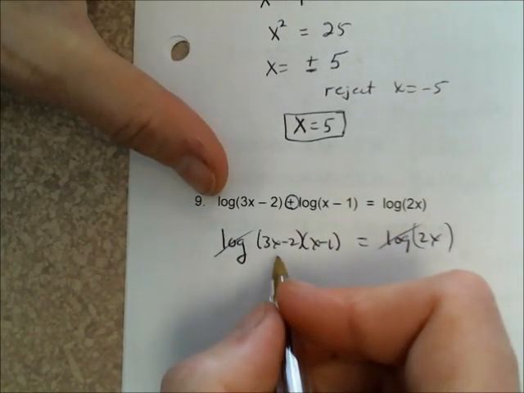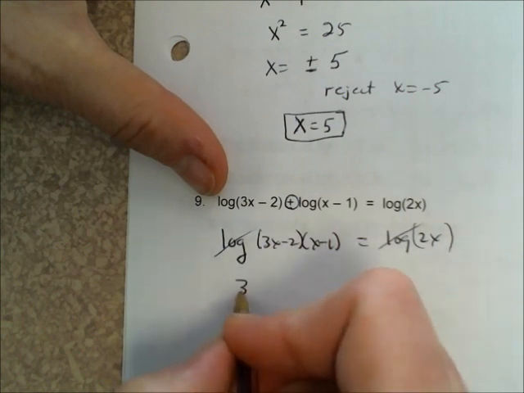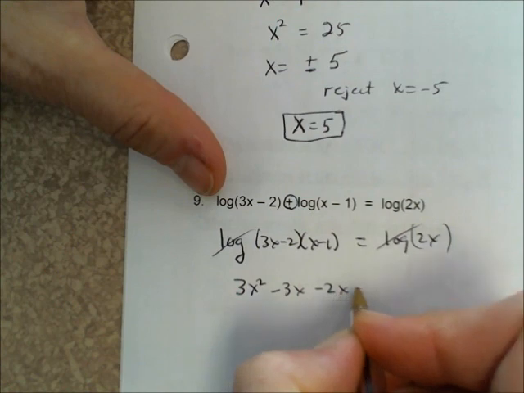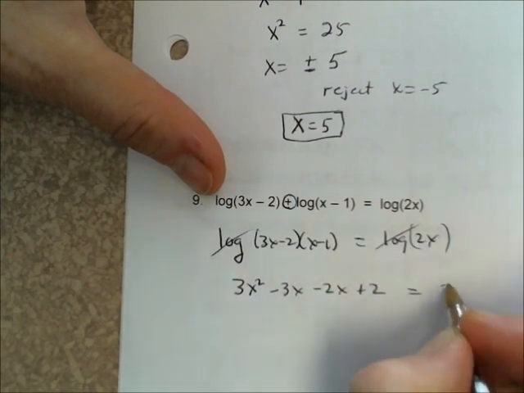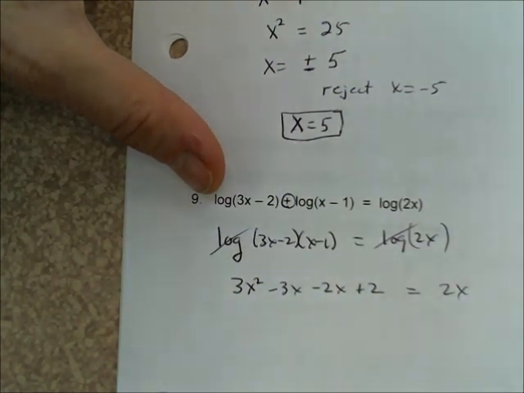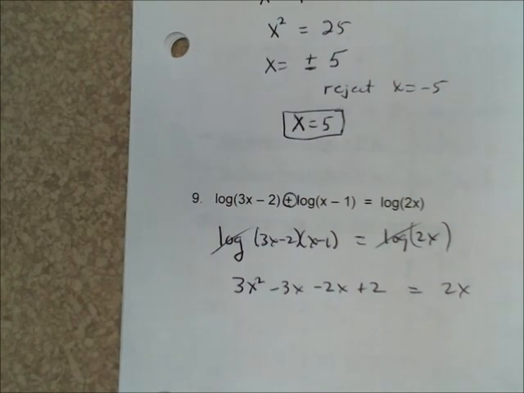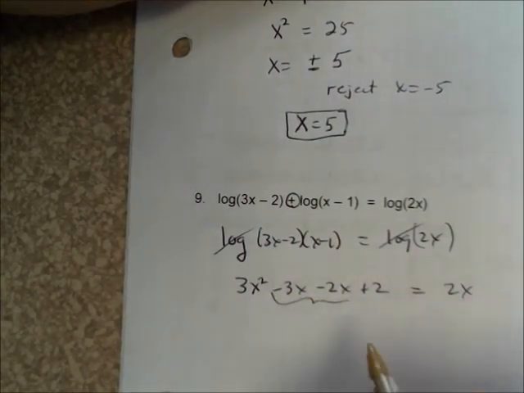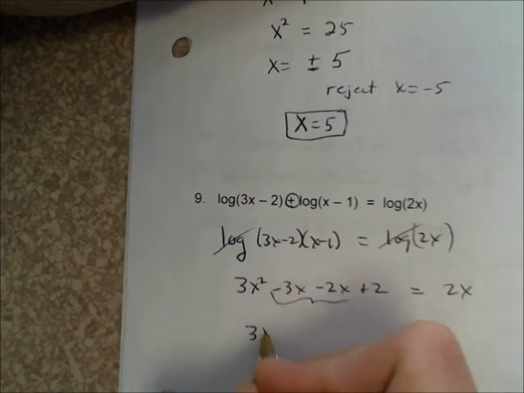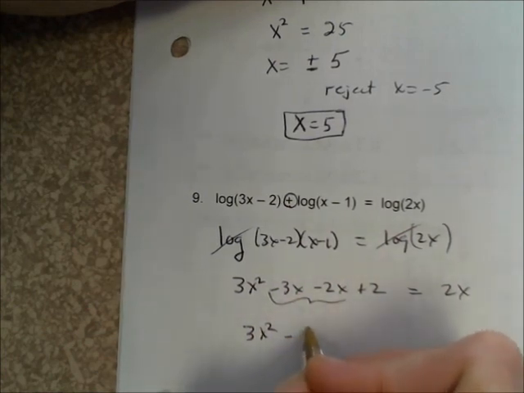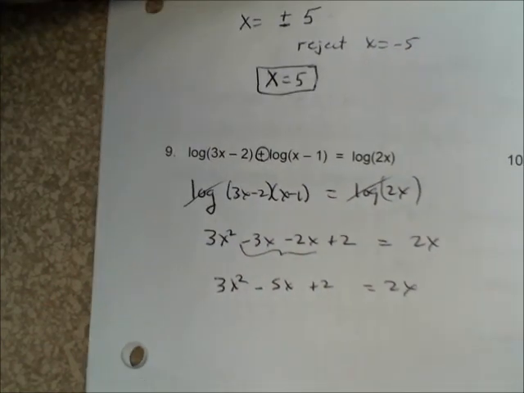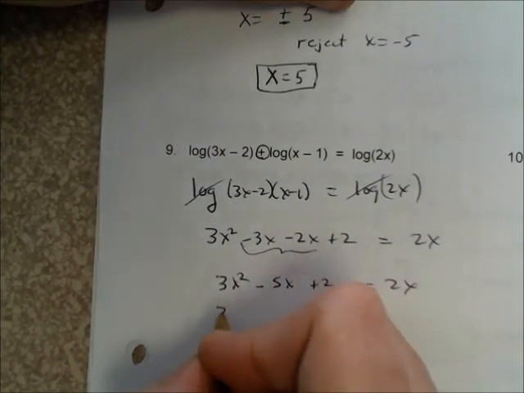But we have to FOIL this out. 3x times x is 3x squared minus 3x minus 2x plus 2 equals 2x. This condenses into minus 5x. Subtract 2x from each side.